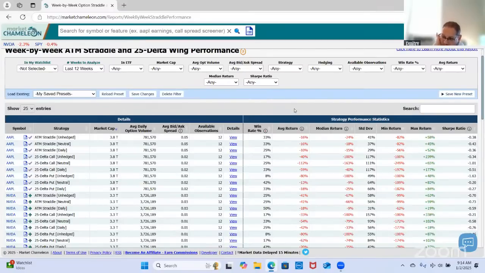Now, that's one statistic. It doesn't tell you the full story, because with options, the amount that it could appreciate is unlimited, right? Supposedly, if you own a call, it could go to infinity.